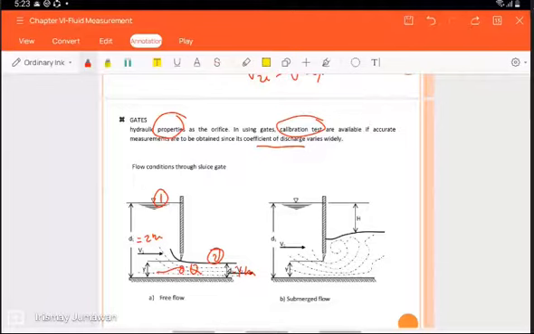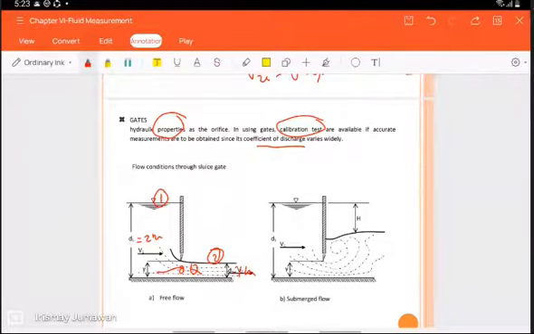So you need to calibrate your gauge in order to know the coefficient of discharge. You calibrate the theoretical against the actual, and its value is what makes the theoretical equal to the actual flow. That is the coefficient of discharge.